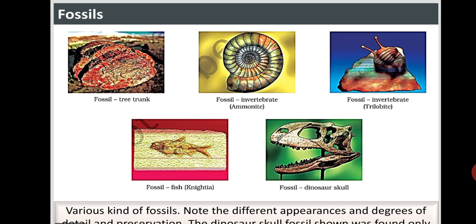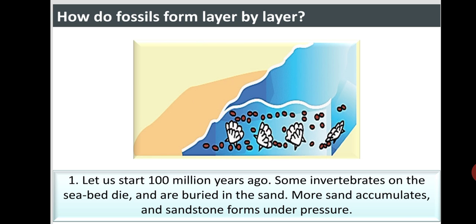The second way of dating fossils is by detecting the ratio of different isotopes of the same element in the fossil material. Carbon dating, which uses isotopes of carbon, is mainly used to determine the age of a fossil. So even the elements play an important role in finding the age of any fossil. How do fossils form layer by layer?